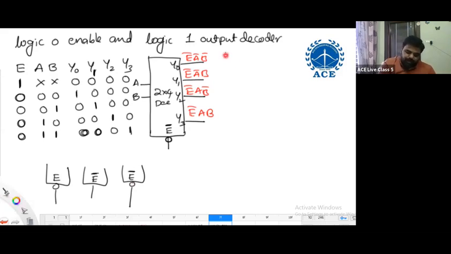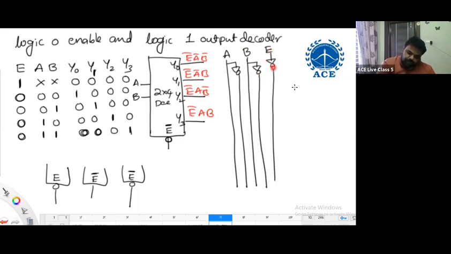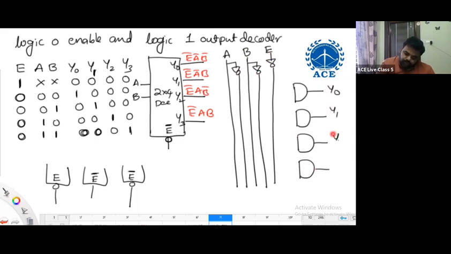Now, how can it be implemented? A bar, B bar, and also E bar. Then here we have 4 AND gates with outputs Y0, Y1, Y2, Y3.